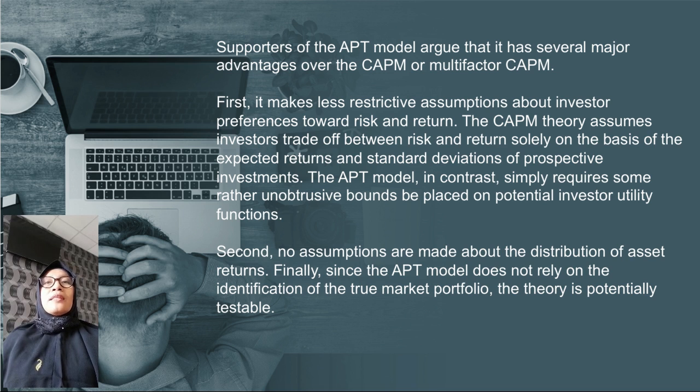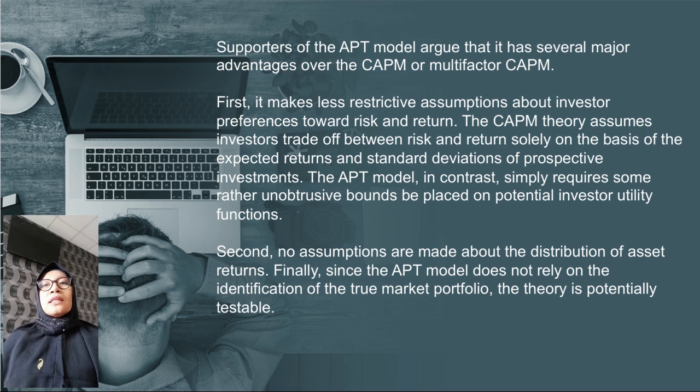Supporters of the APT model argue that it has several major advantages over the CAPM or multi-factor CAPM. First, it makes less restrictive assumptions about investor preference toward risk and return. The CAPM theory assumes investors trade off between risk and return solely on the basis of the expected returns and standard deviations of prospective investments.